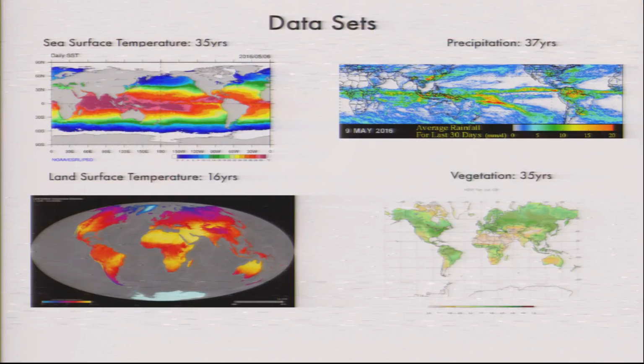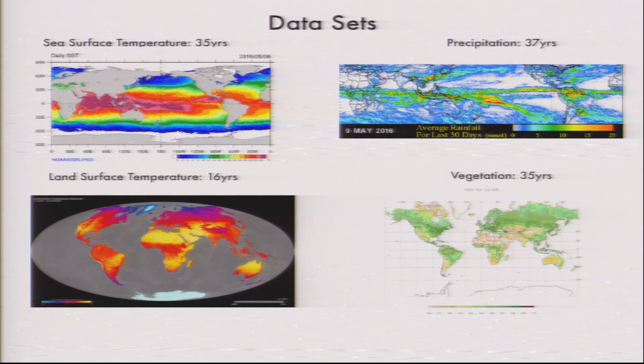So to start off, coming from NASA, it is all about data. We have several data sets of the environment, of weather and climate, that can be applied to various aspects of vector-borne diseases. This data includes sea surface temperatures.